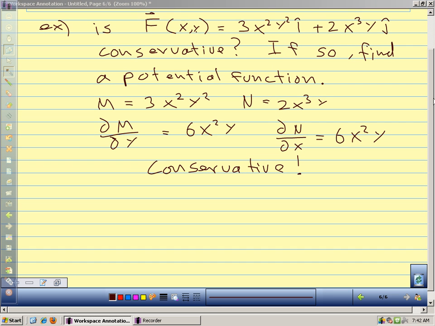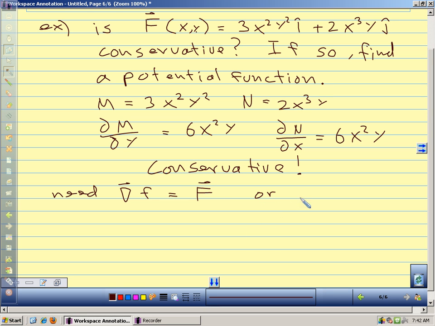So how are we going to go about finding a potential function for this? Anybody have an idea? Well, we need to find a scalar function such that when we take the gradient, we get these two things. So we have to integrate. We need del f equals our vector field.